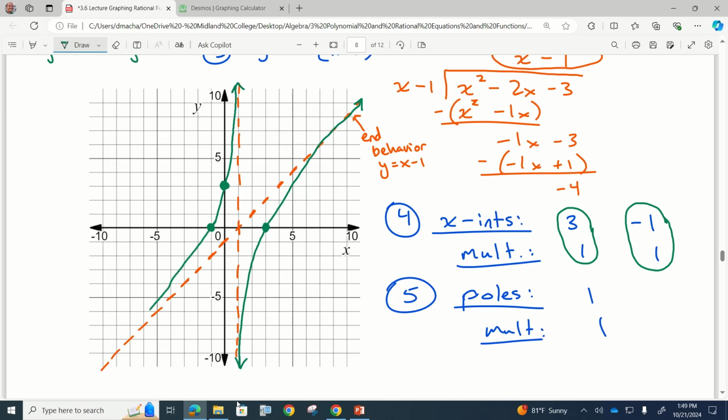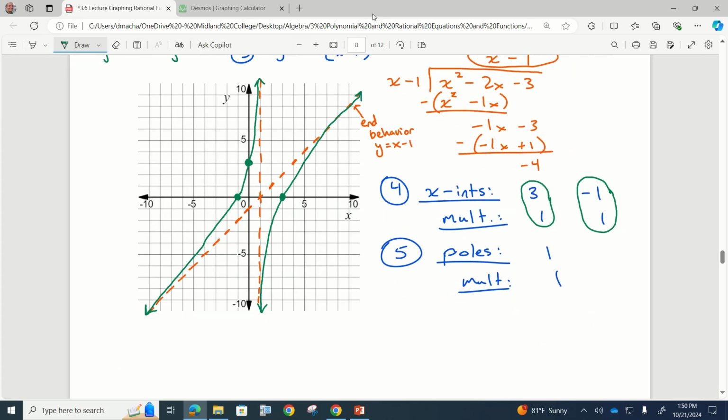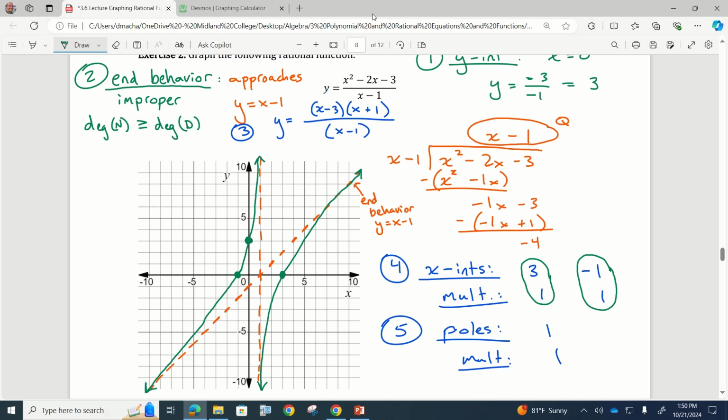And as I draw off to the left, I'm once again going to approach my end behavior line, just like that. So this time, in green, you can see my best attempt at graphing this rational function, x squared minus 2x minus 3.